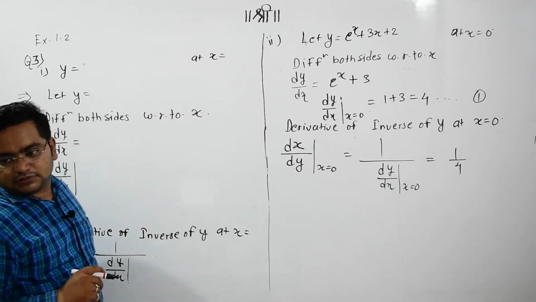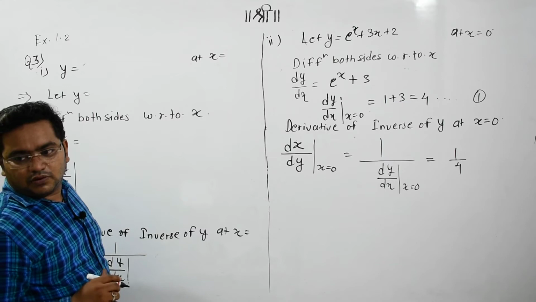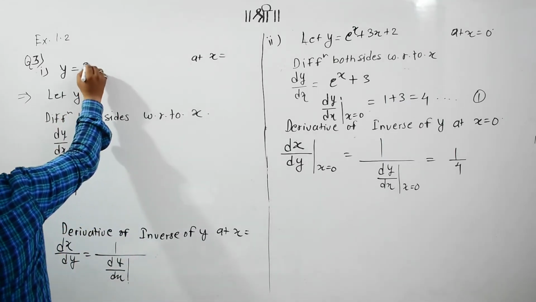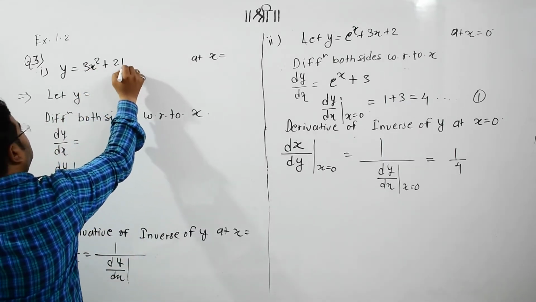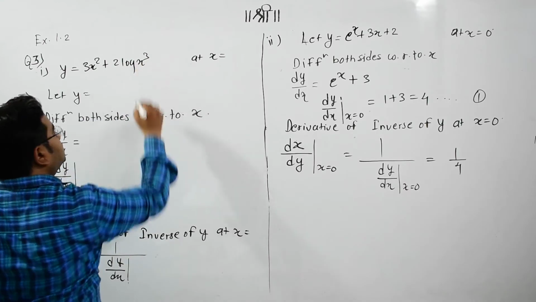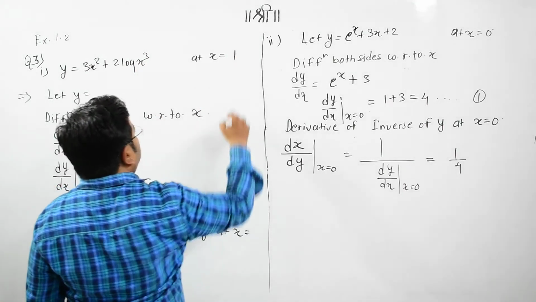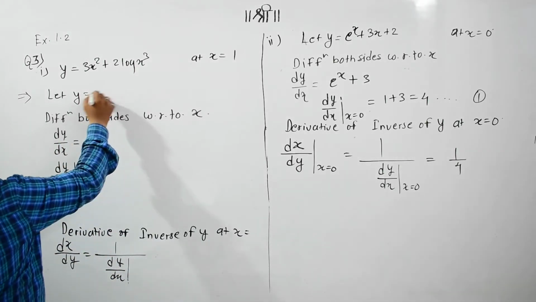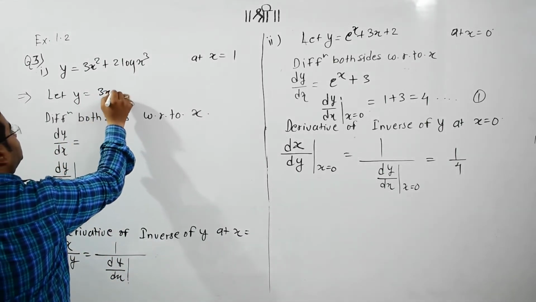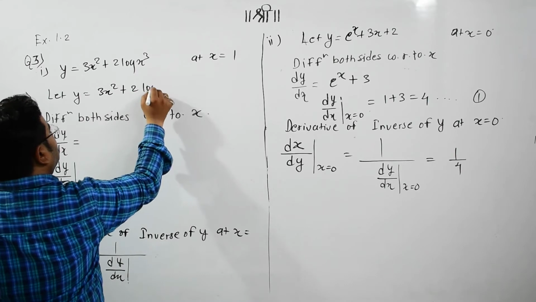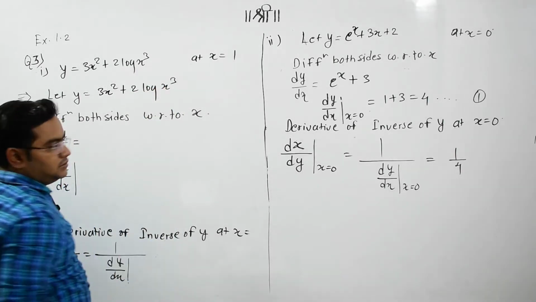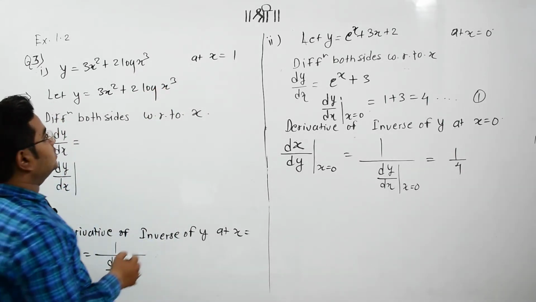Next question: 3x square plus 2 log of x cube, at x equal to 1. We need to find it out. So, again writing this equation: 3x square plus 2 log of x cube. Hope I am correct. Yes.